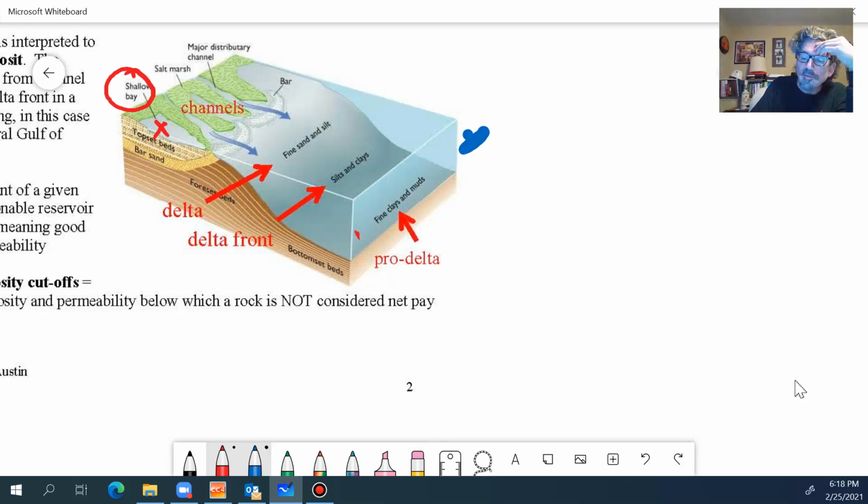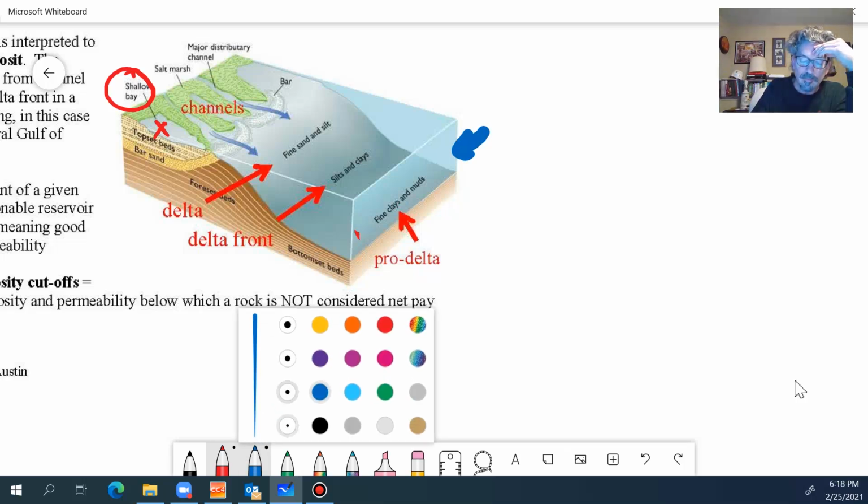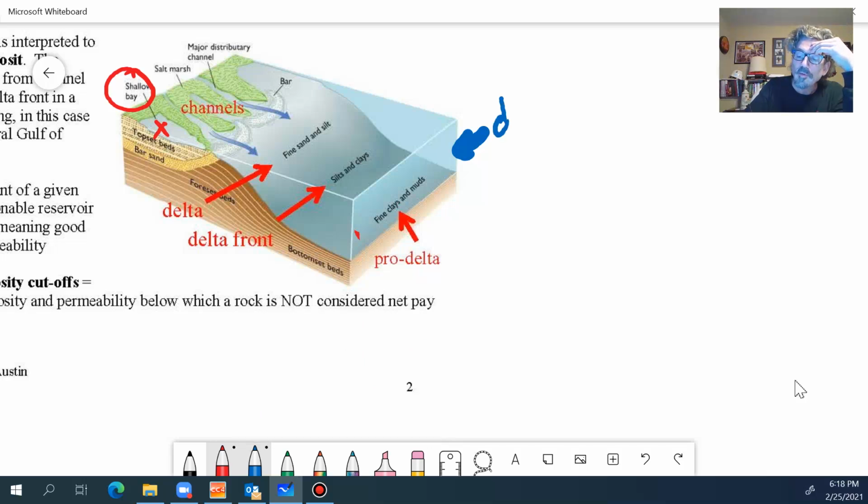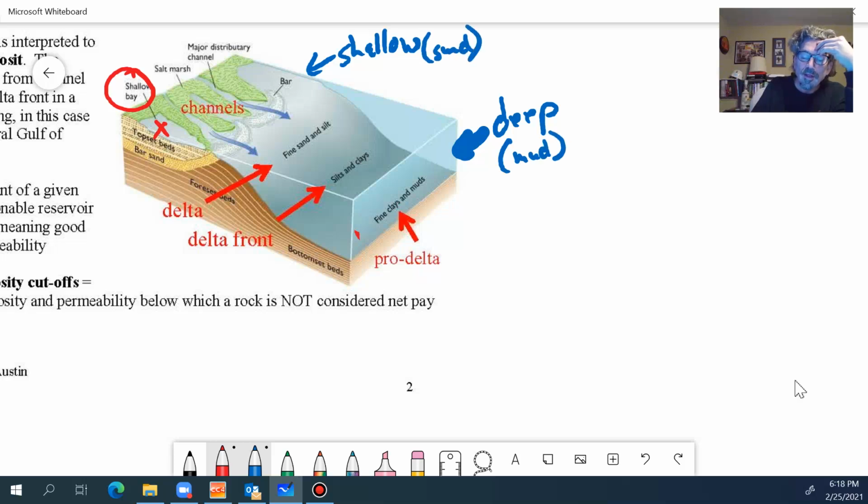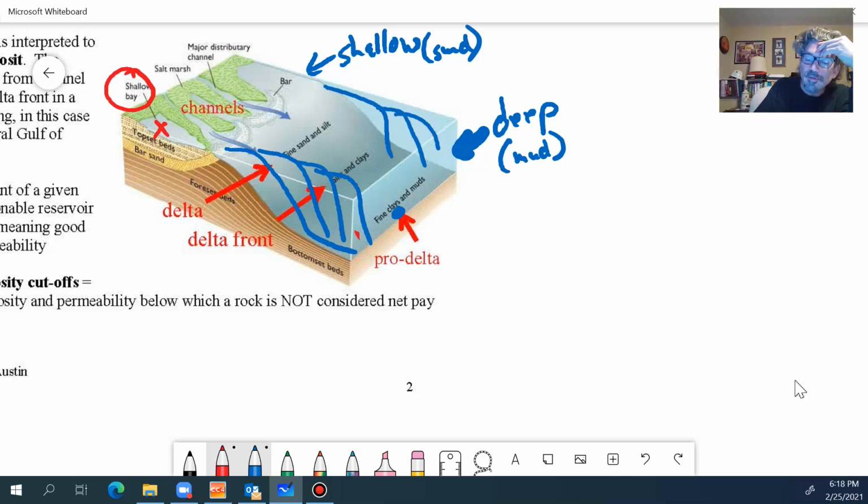And so this is deep, this is shallow, and this is mud, this is sand. And so at a particular time, we're out here depositing fine grained deposits. And then as this system progrades out, it basically fills in. I can try and make this a three-dimensional drawing.